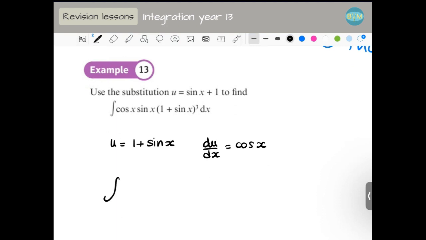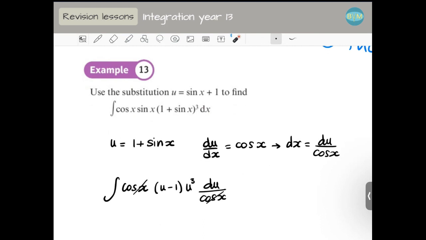So I can write cos, and then sine x, we say is u minus 1, and then I have u cubed, and then dx. From here, dx is du divided by cos x. So I can write du divided by cos x, and this cos x with this cos x are going to go. And that's going to happen in all these questions.